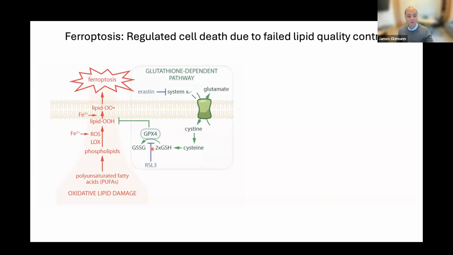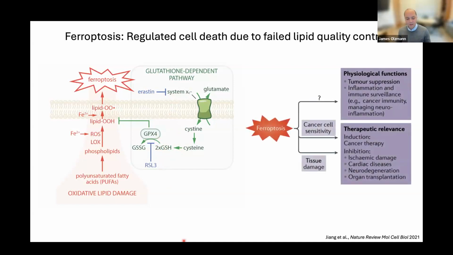There are a variety of different small molecules that can be used to trigger and study ferroptosis, developed by many groups. These are some of the first developed by Brent Stockwell, RSL3, which is an inhibitor of GPX4, and Erastin, an inhibitor of system Xc- that blocks cysteine uptake and the synthesis of glutathione.